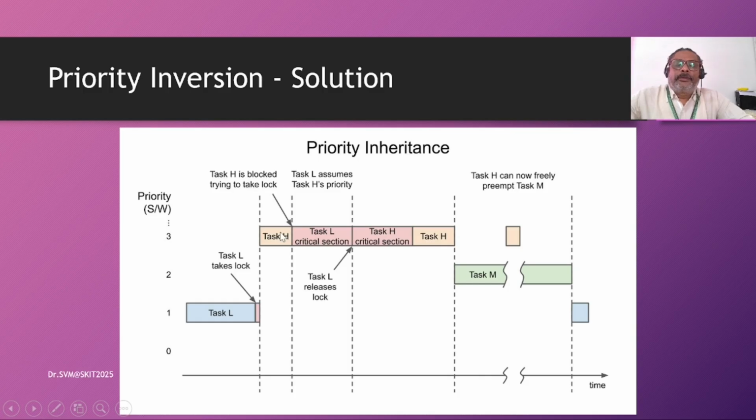So if the task H did not ask for the resource at this instant, then the low priority task would have continued working. So that's what we are talking about.